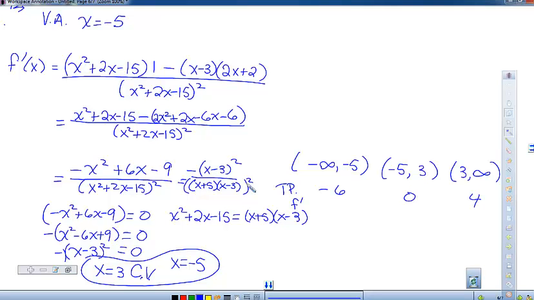So let's look at -6. If I put that up here, everything in the numerator is going to be... we got the same situation. If we didn't have that negative, we'd say everything was going to be positive. But we got the negative out front, so it seems like the function is decreasing in every one of the intervals. But check it just to be sure.